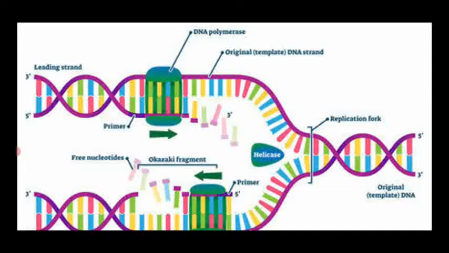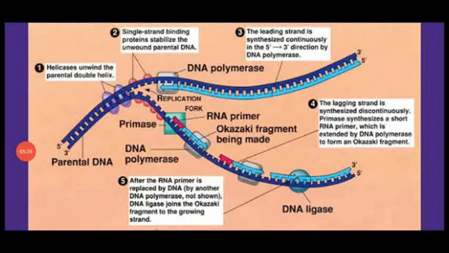Dear students, this is another diagram showing the steps of DNA replication. See the left side. The first one, the double-stranded DNA helix is unwound with the help of the enzyme helicase. The second one, the single-stranded strands are bound by protein molecules.